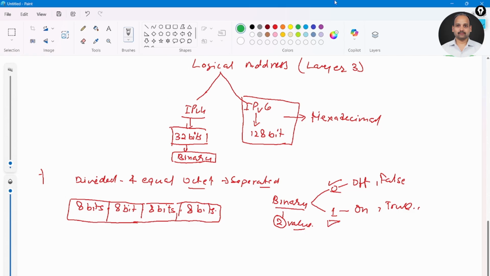So if I put it in this scenario, you will see the minimum value, 0 in all eight positions in each octet, 0 0 0 0 0 0 0 0 dot 0 0 0 0 0 0 0 0 dot and so on, and for the maximum I will use 1 1 1 1 1 1 1 1 dot 1 1 1 1 1 1 1 1 dot 1 1 1 1 1 1 1 1 dot 1 1 1 1 1 1 1 1.